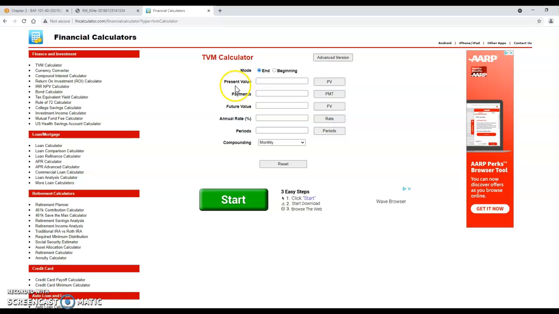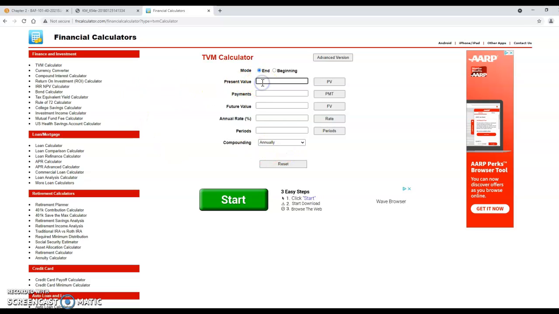Okay, so in here, notice at the bottom, it's compounding. One of your tricks is that you need to make sure the compounding is set to whatever you're compounding. We're compounding in this problem once a year, annually, so that needs to say annually.